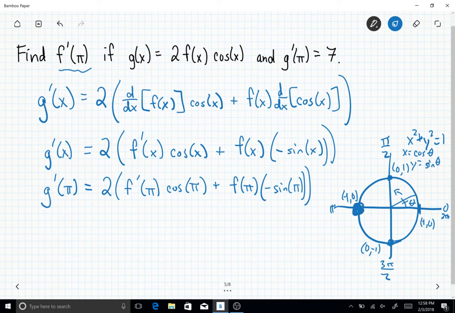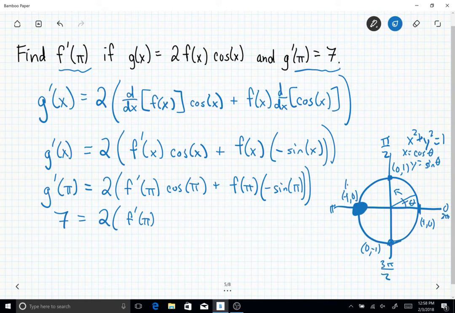So I'm highlighting the point even darker here. Negative 1, 0, that's the pi angle that we're looking for. So we can figure out cosine of pi and sine of pi. So g prime of pi, if you recall, is 7. That comes from up top. So you get 7 equals 2 times the quantity f prime of pi, which is what we're going to be looking for, cosine of pi. So that should be the x value on this unit circle.